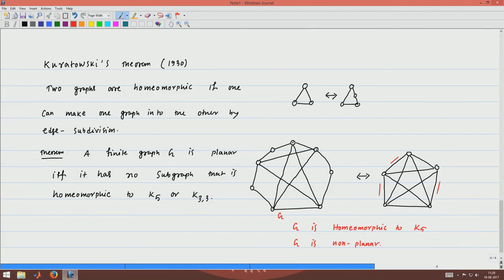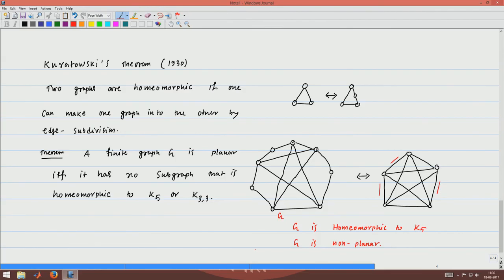So, we have illustrated this theorem: a finite graph G is planar if and only if it has no subgraph that is homeomorphic to K5, but we can see that you just take this as a subgraph of this graph itself. So, this graph G is homeomorphic to K5. So, the graph G is non-planar.